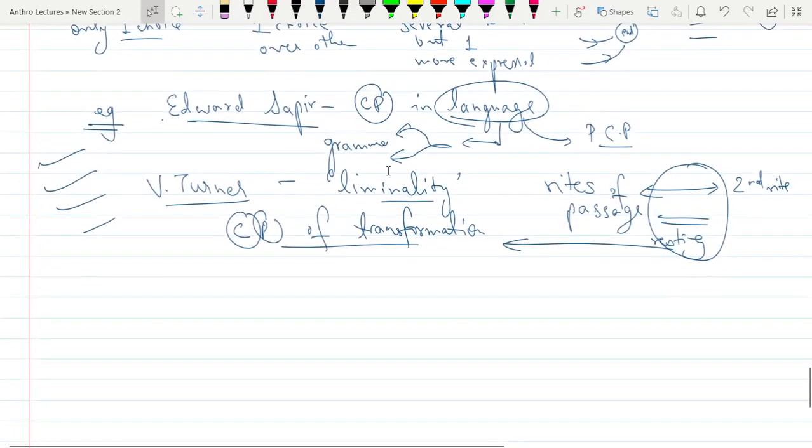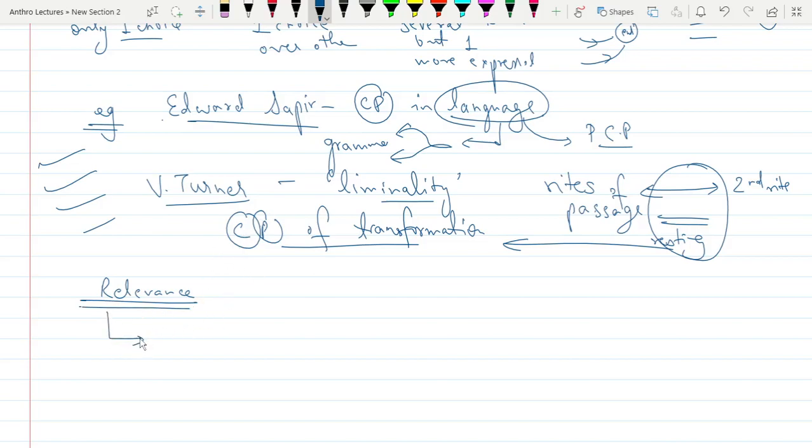You can write more points on your own, and you can go on to write relevance. You can conclude by saying that for an administrator, the understanding of a cultural pattern helps in dealing with situations where things are not defined in the laws, in the rules, or in the conduct book.